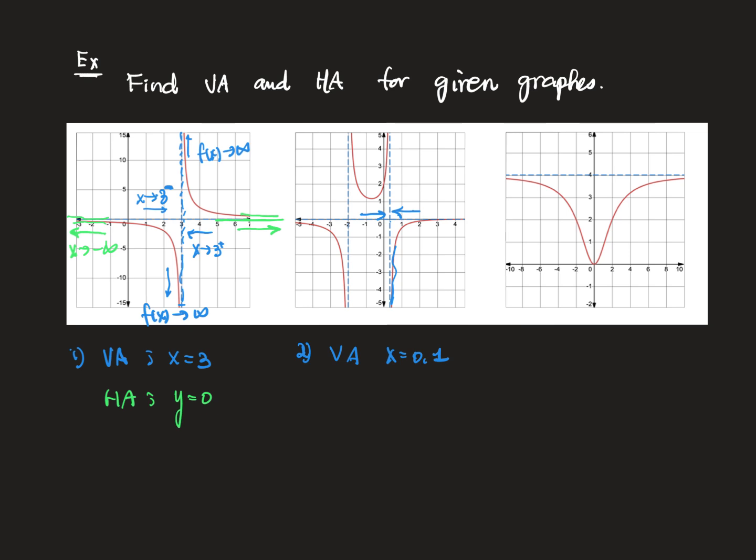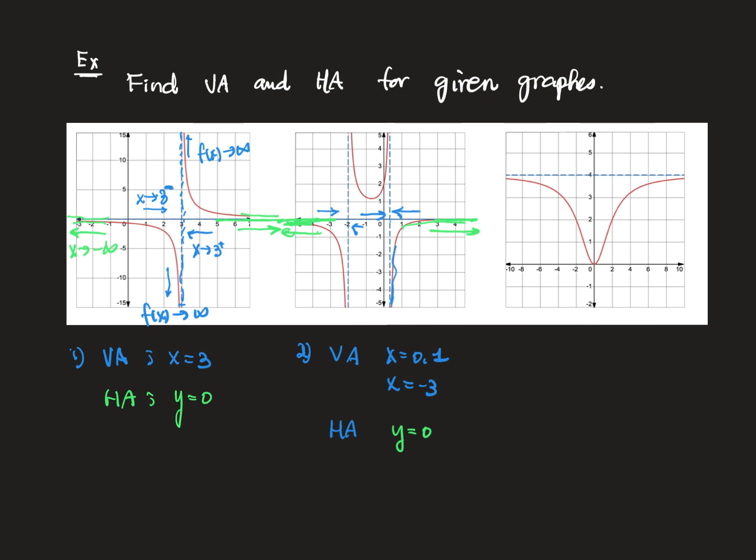Can you see another one right here? X approaches negative 2 from the right, goes up. X approaches negative 2 from the left, goes down. So x equals negative 2. That's another one. Okay, what is the horizontal asymptote? Going in this direction, this graph gets close to this line, y equals 0. Same thing on the left side: going in this direction, getting close to this line, the horizontal line y equals 0. That's what you're going to find.